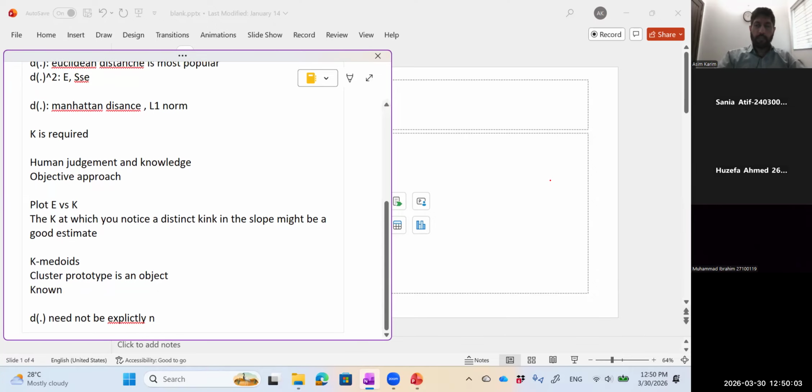The second advantage is that since you don't need to compute a mean, it can be applied to non-numeric data as well. ठीक है?